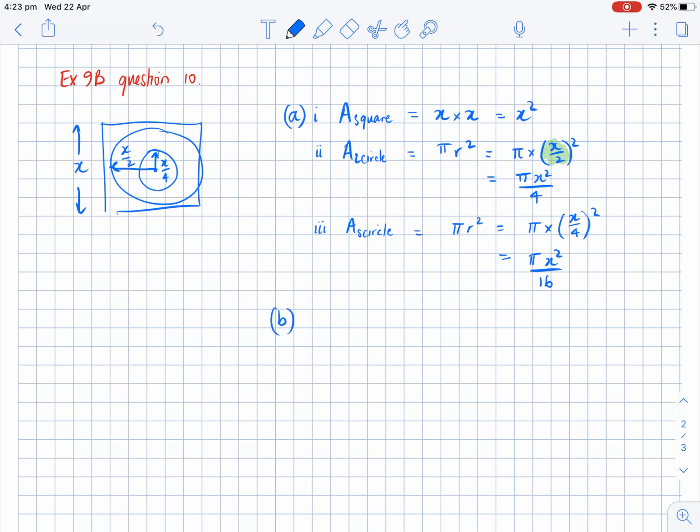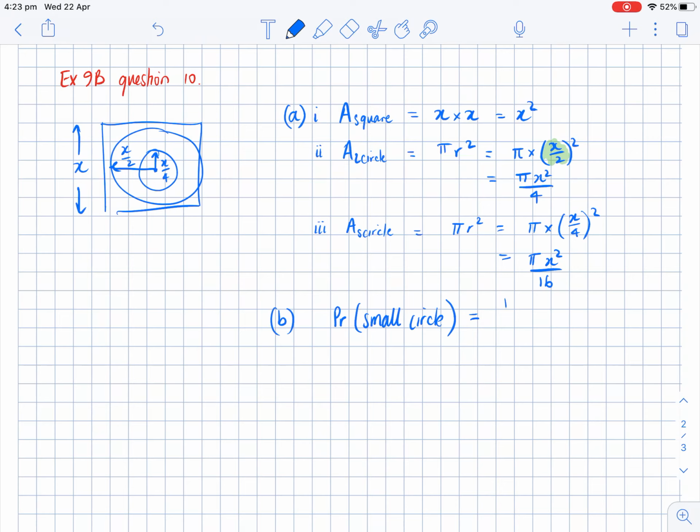Part B says find the probability that the dart will land inside the smaller circle. Okay, so the probability of being in the small circle is going to basically be, okay, well, how will I be successful?